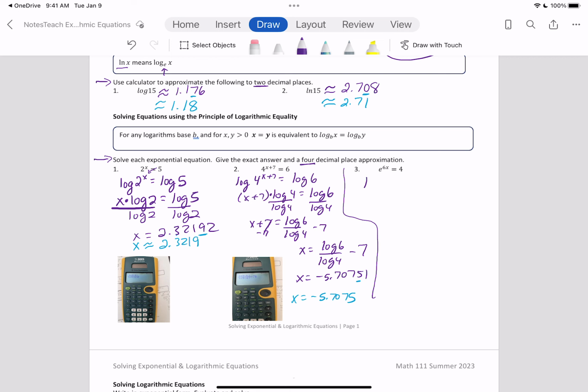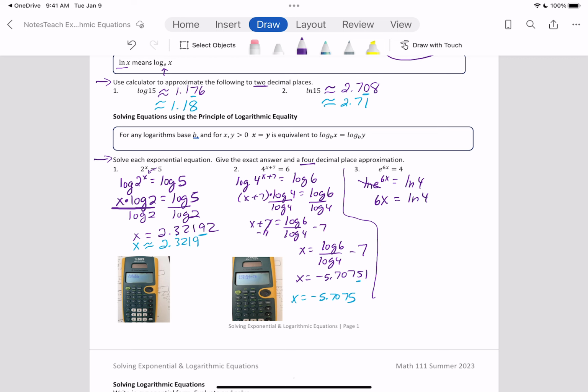We're going to ln or natural log both sides, because ln and e are inverses. So in this case, that ln of e, if it was ln of e to the first, it'd just be 1. So basically what's going to happen here is these undo. We're just going to bring that 6x down.